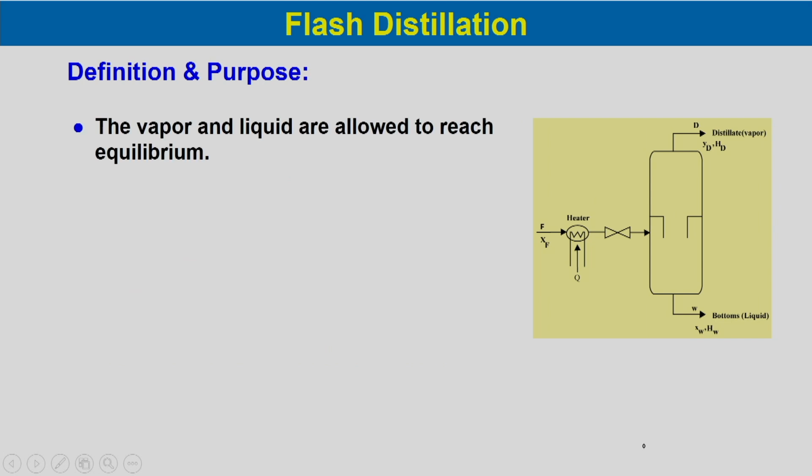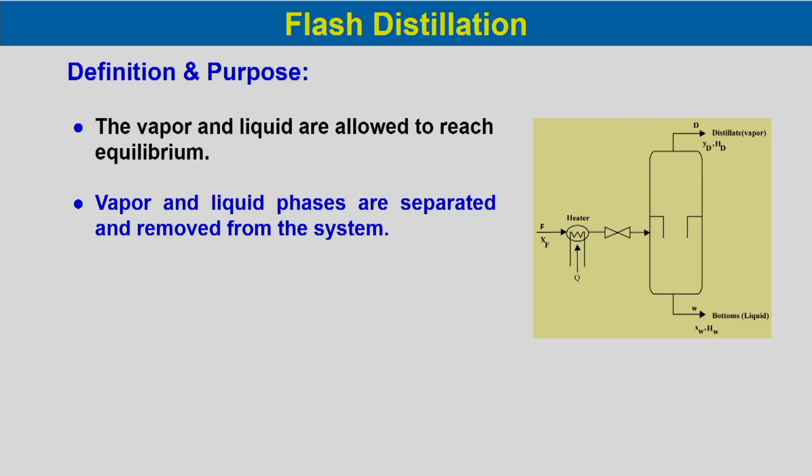The vapor and liquid are allowed to reach equilibrium, so we need to give enough space so that they disengage and reach equilibrium. The vapor and liquid phases are then separated and removed from the system. The liquid is removed as a bottom product and the vapor is removed as a top product called distillate.